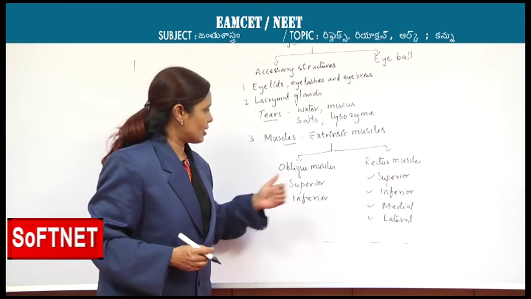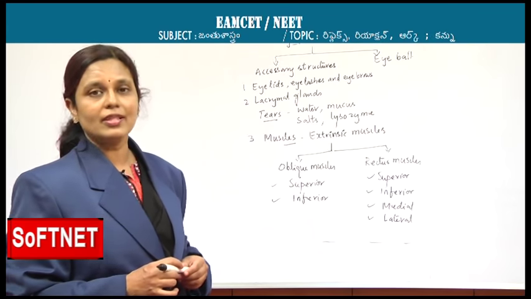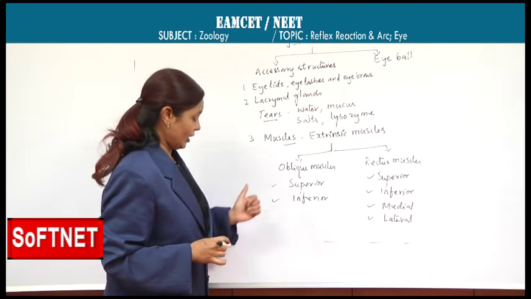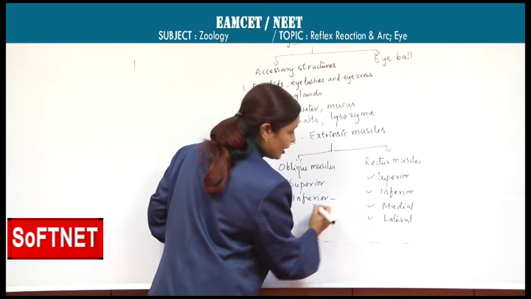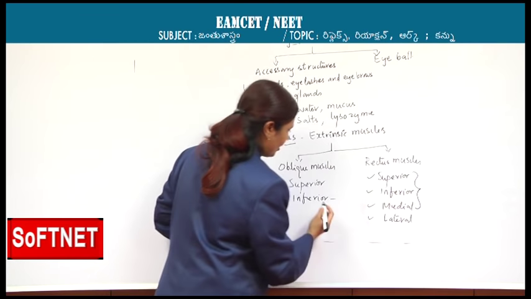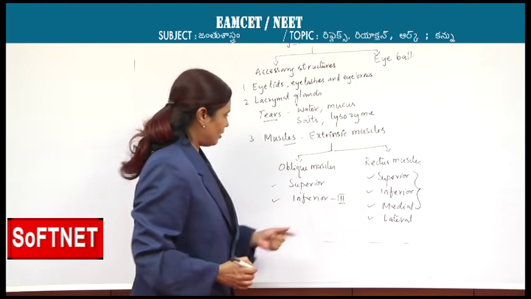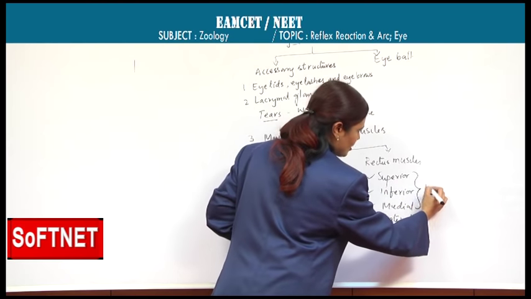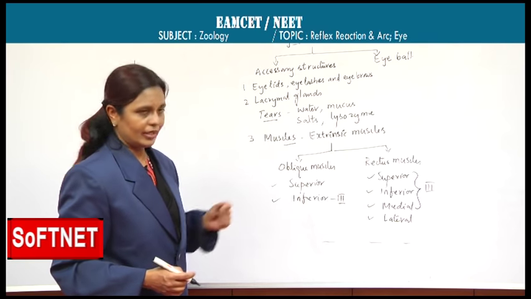Now these extrinsic muscles, both oblique as well as rectus muscles, are supplied by the cranial nerves. Out of this, the inferior oblique muscles are supplied by the third pair of cranial nerves. The same way superior, inferior and medial rectus muscles are also supplied by the same third pair of cranial nerves.